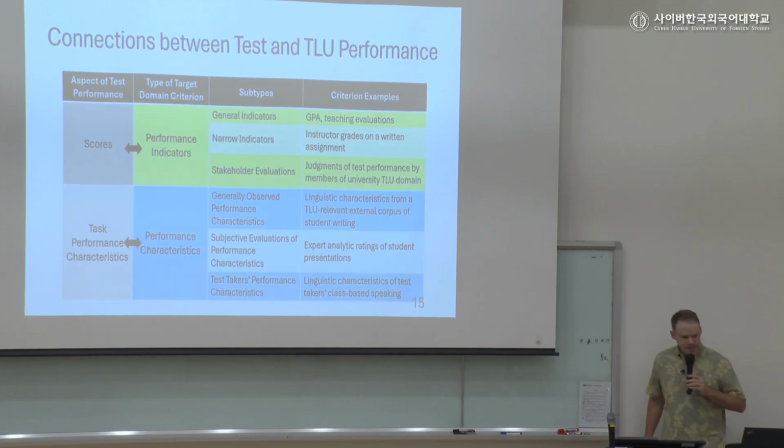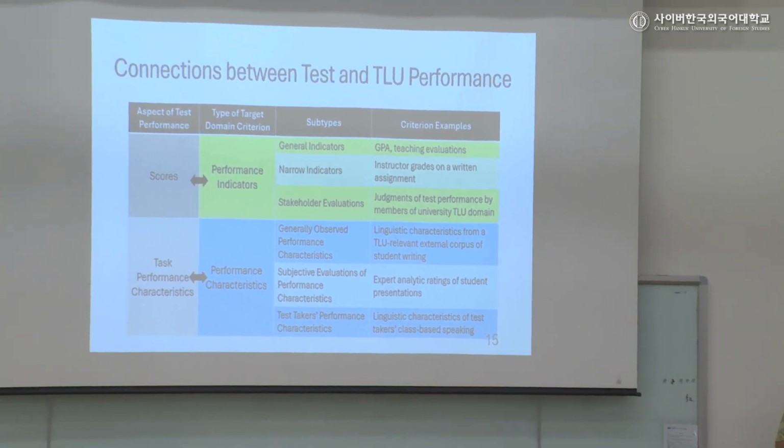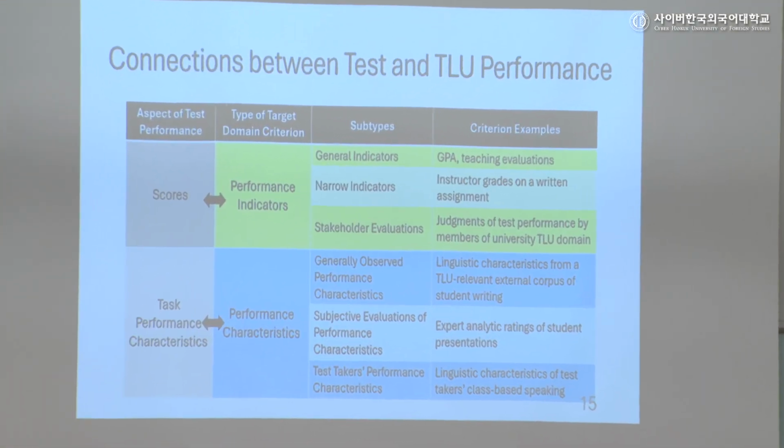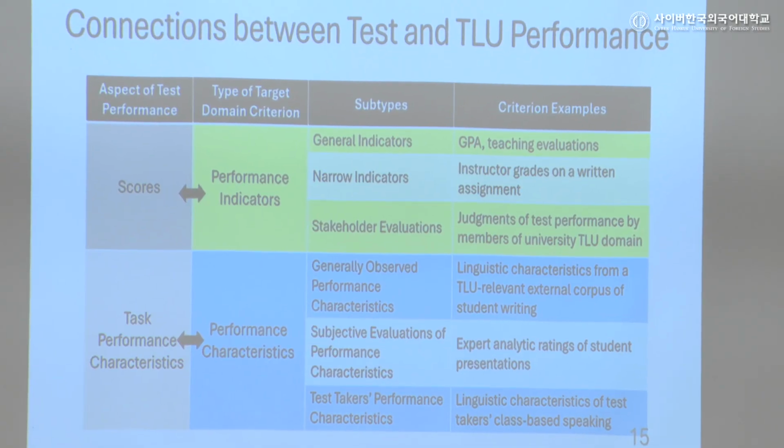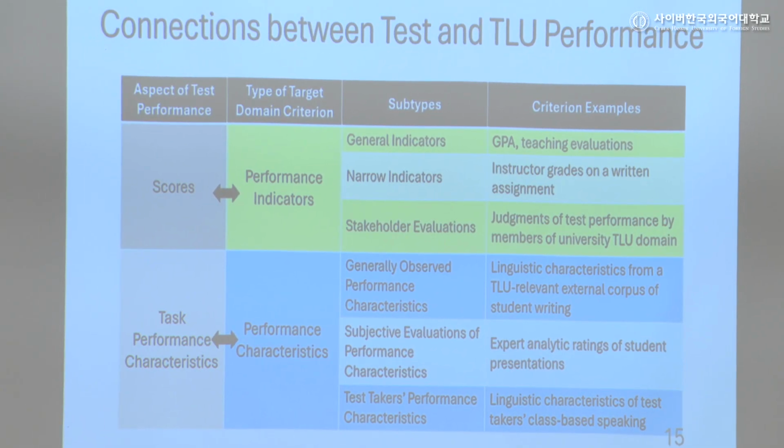And so trying to connect these two, I've been thinking about this a lot in research projects I've done. And with a retrospective view, I've been better able to organize or put all these things together across several different research projects. So again, when we look at test scores, the total score on the TOEFL, maybe a speaking section score, or even task-level scores, we then look at performance indicators, which tend to be evaluations of performance in the real world.